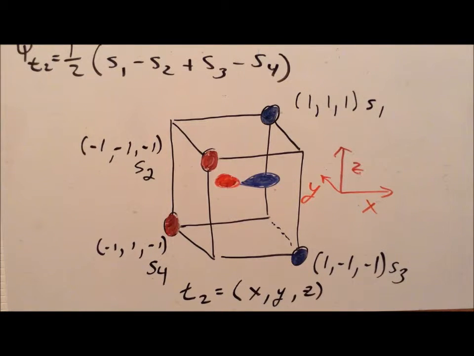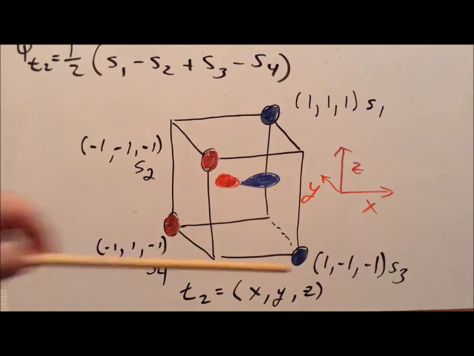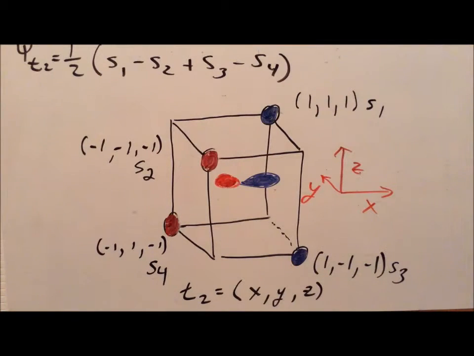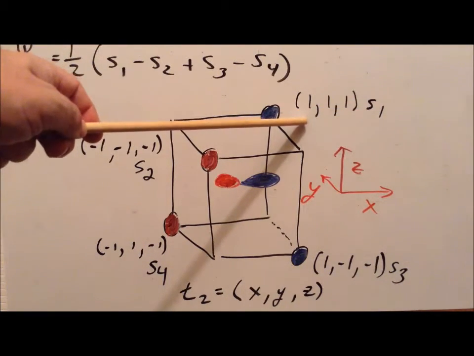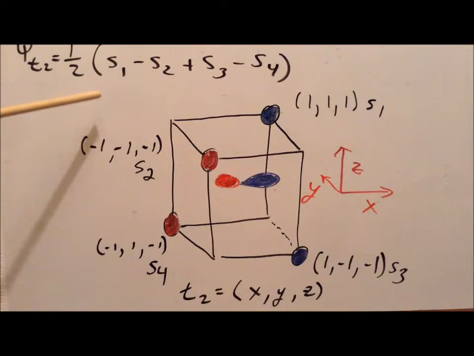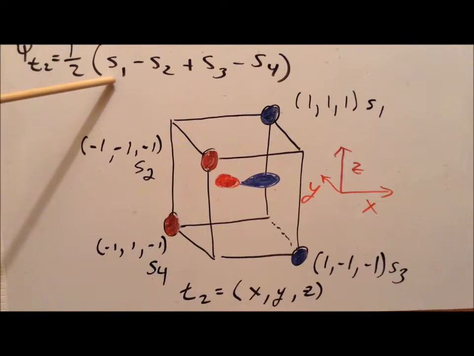For the first member of the degenerate set, we use the x basis function. For that, we look at the x coordinate of each of the orbitals, and we use that value as the coefficient. For example, for S1, we see that the x value is a positive 1. Therefore, the coefficient of S1 in the molecular orbital is going to be a positive 1.